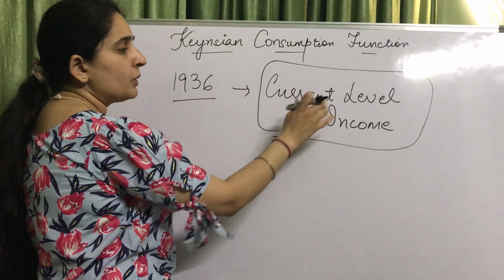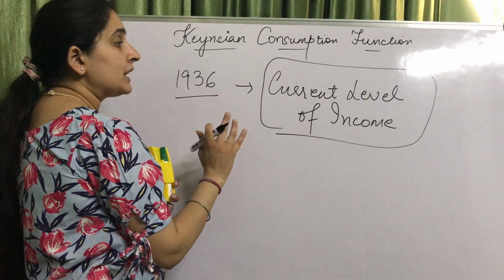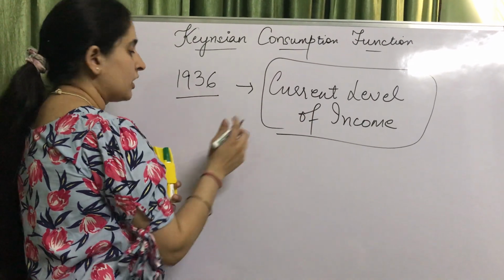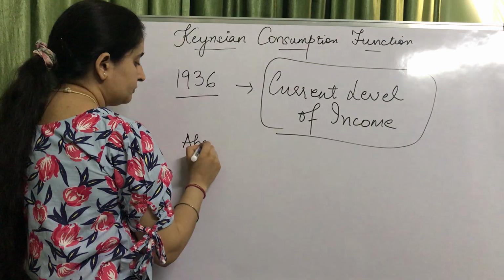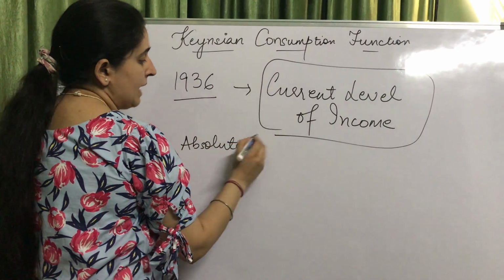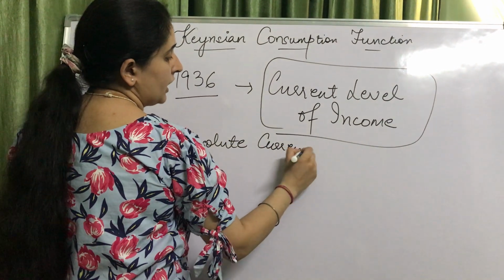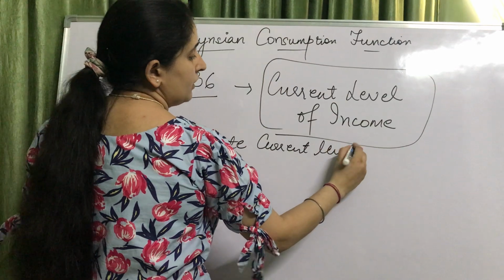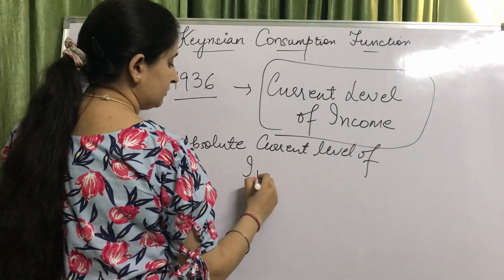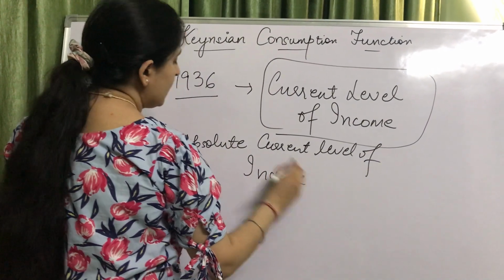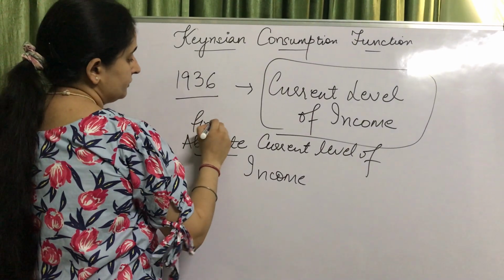And if we talk about current level of income, in particular he is talking about the absolute term. Absolute current level of income. Now what does absolute mean? Absolute means fixed.